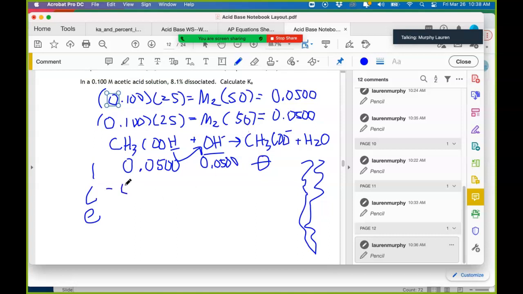So then you go, okay, well, they're both perfectly limiting, so we lose the same amount for both of them. And then we gain that amount over here.